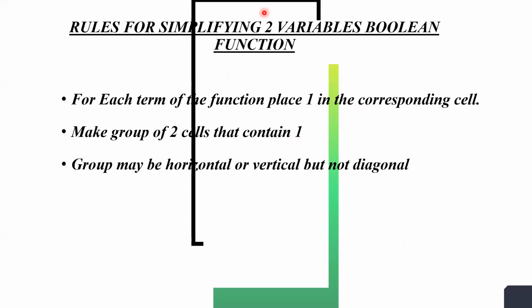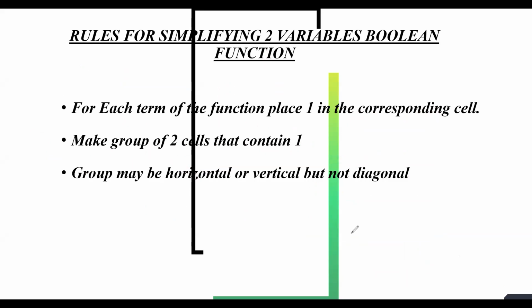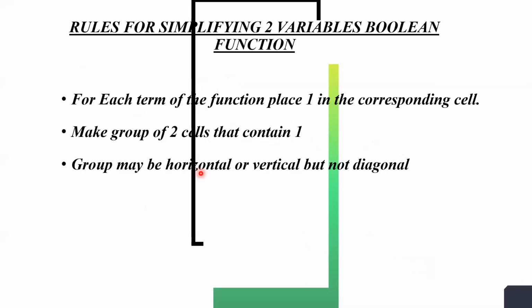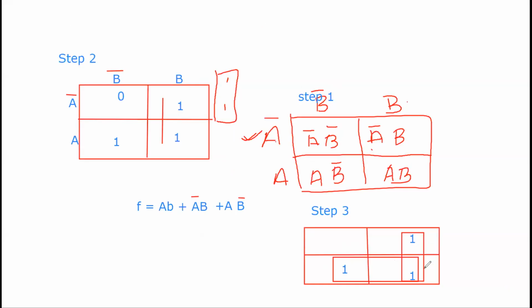Clear? Groups may be horizontal or vertical, not diagonal. Groups may overlap. Look, this one is overlapping. This one is shared with this cell and this cell. Clear?